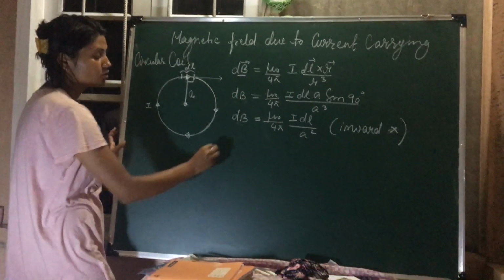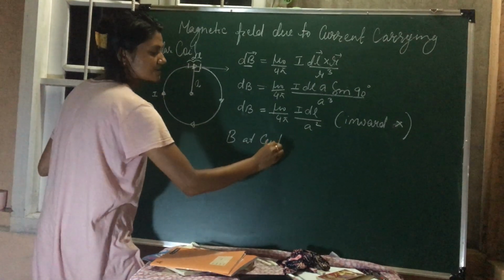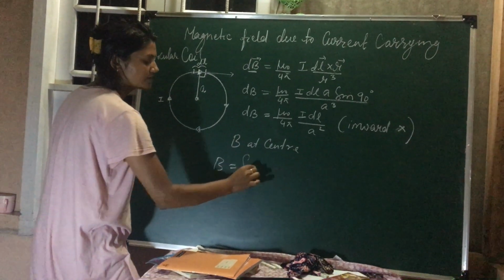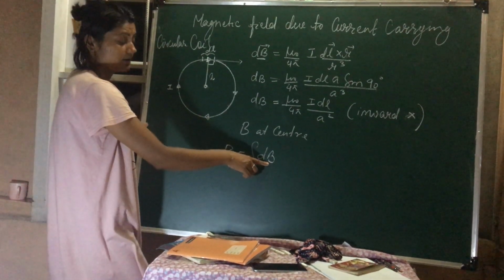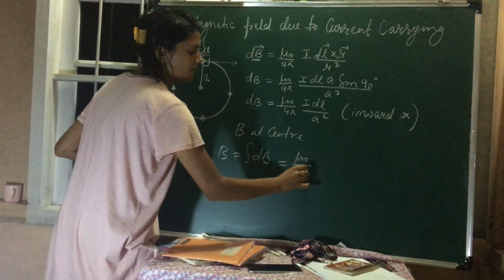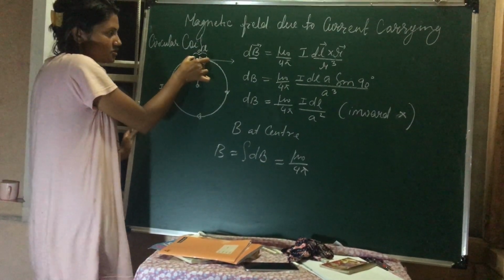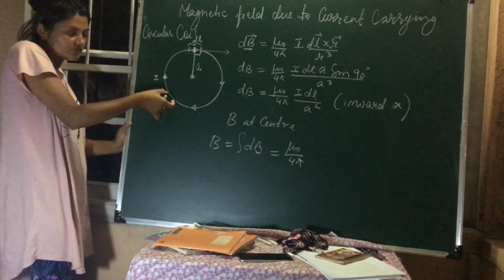So what is the total magnetic field B at the center? Our mathematical method is integration. We integrate the variable, which is dL, because we apply the Biot-Savart law along the length of the loop.